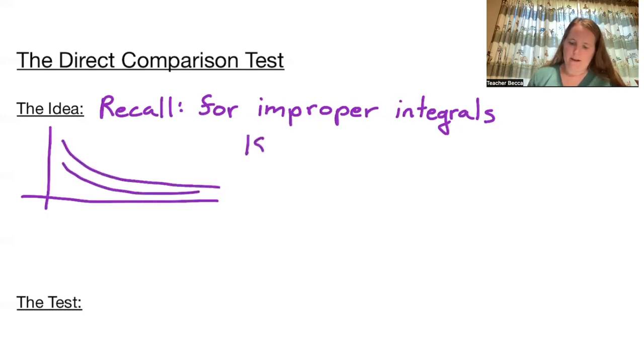So if we had f of x, both positive, if we had 0 less than or equal to f of x, less than or equal to g of x, right?